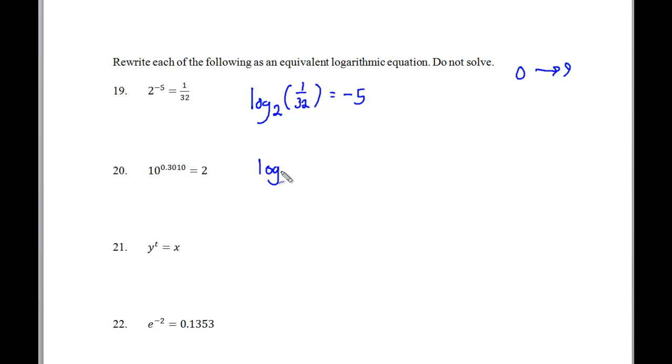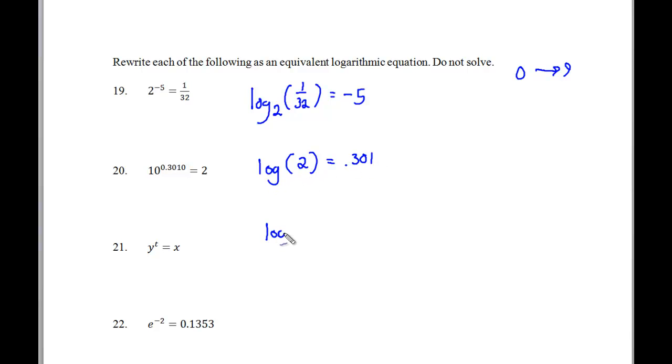So we don't write log base 10, we just write log. So this is going to be 2, and then 0.301. So 10 raised to the 301 thousandths is 2.